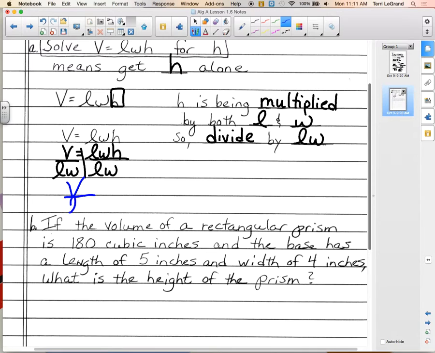We're going to say V over LW, just like when we get a fraction, we just leave it as a fraction. Equals, well, these L's cancel, these W's cancel, and we have H by itself. Here's our equation, the volume formula for a rectangular prism solved for H instead of V. Not going to get a value, but we have to rearrange it properly.